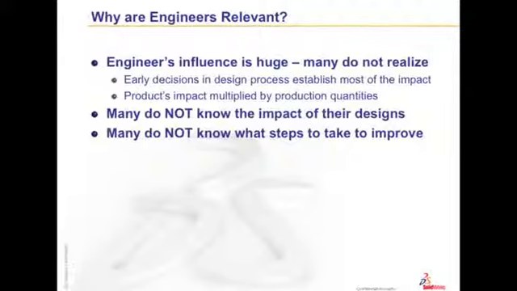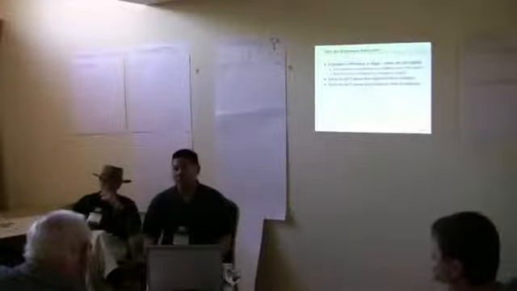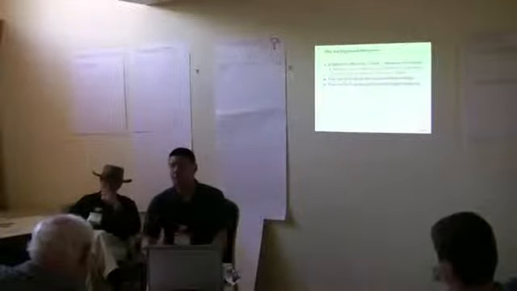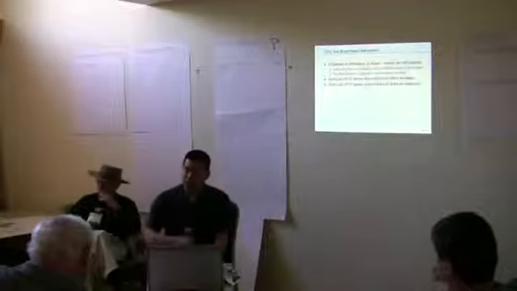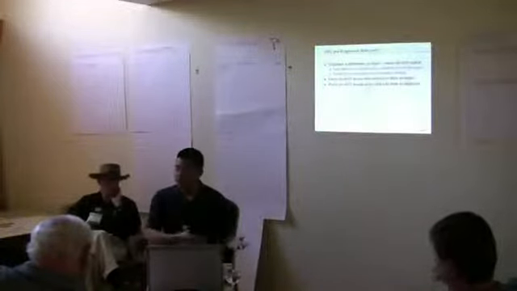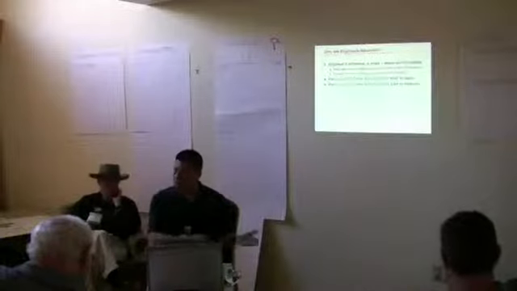So why are engineers relevant? Again, very quickly, it's the decisions the design engineers make that really nail down the environmental impact of their designs. For those of us in engineering and in CAD for a long time, we've spoken for a long time about how it's the design engineer that really affects the manufacturing costs of the design. Sustainability or environmental impact is very much the same thing.